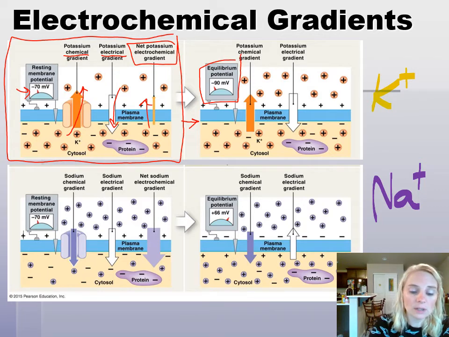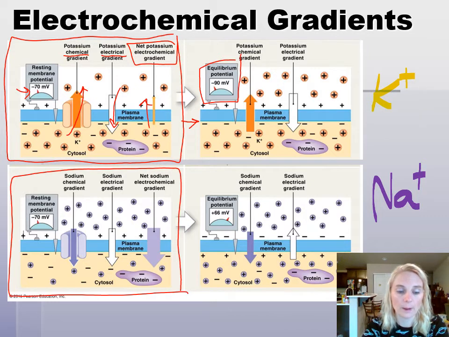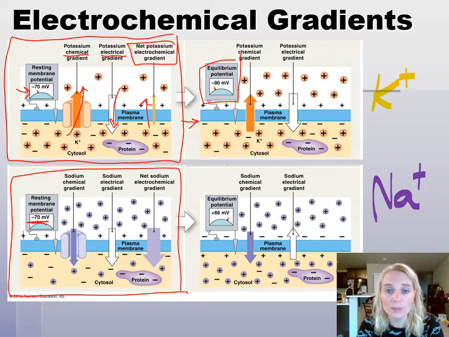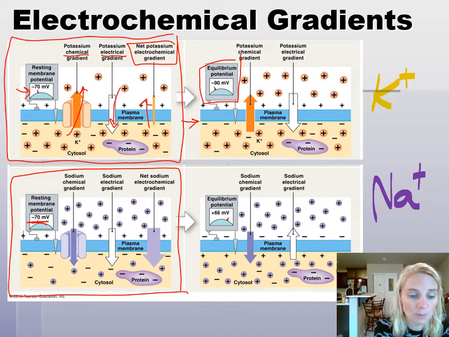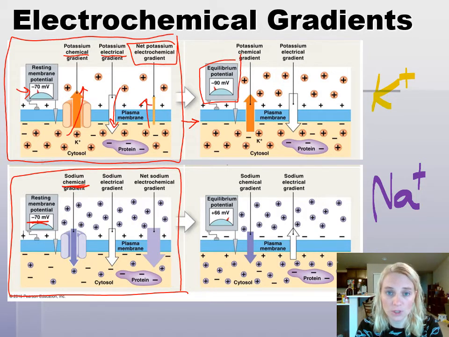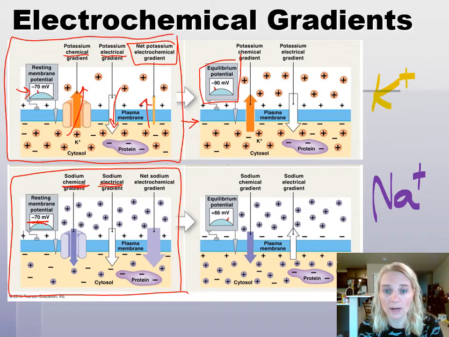All right, so now let's take a look at the sodium resting potential. Again, here we're at negative 70 millivolts. We have way more sodium on the outside of the cell than on the inside. So if we were to follow the chemical gradient, if membrane channels were open, sodium is going to rush into the cell. If we look at the electrical gradient, because sodium is also positively charged, it is attracted to the negatively charged inside of the cell.